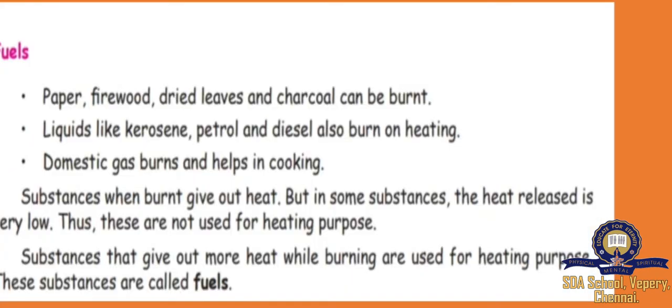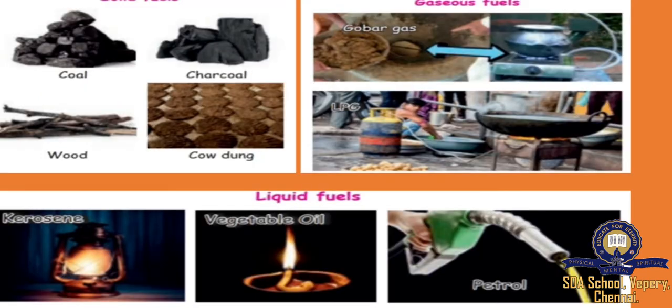Next topic is about fuels. Fuels are the substances that give out more heat while burning. They are used for heating purposes. We saw three types: solid fuels, liquid fuels, and gaseous fuels.